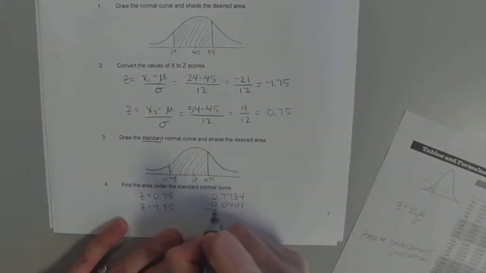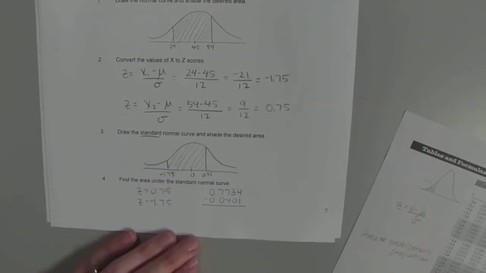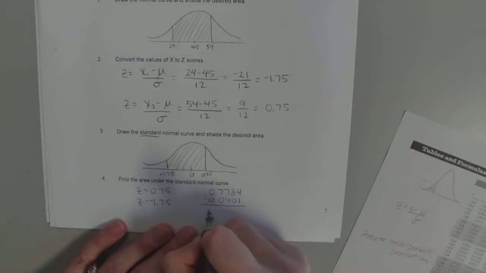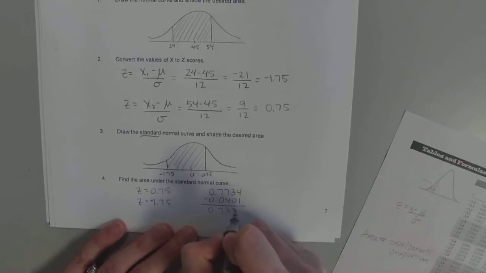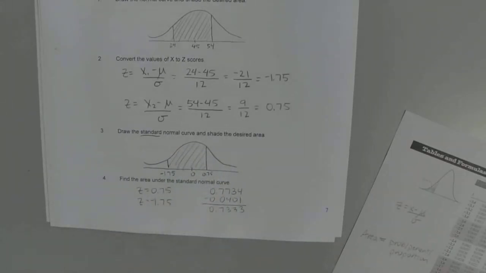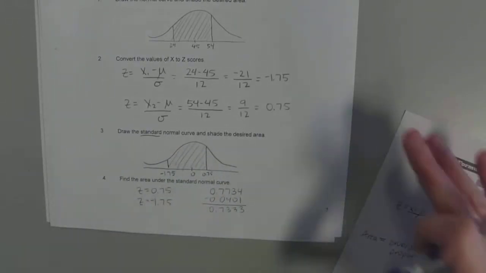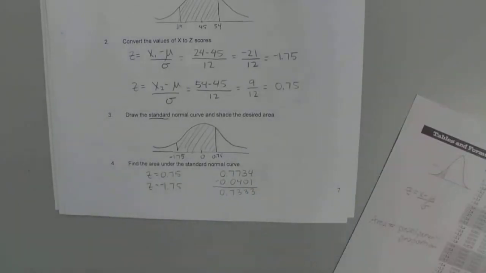Does that look right? So the difference ends up being 0.7333. And again, make it make sense to you, like, not that we're perfect drawers and shaders, but we should have shaded a good chunk of our graph, so this should be probably more than 50%, all right?